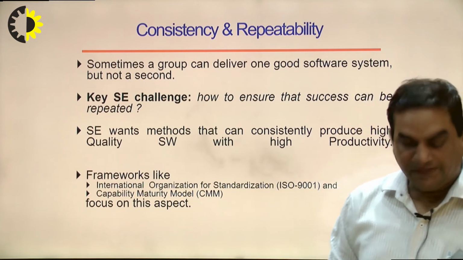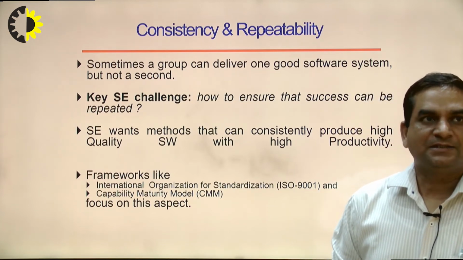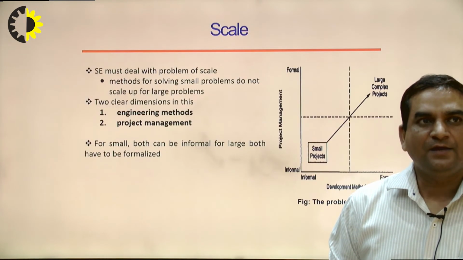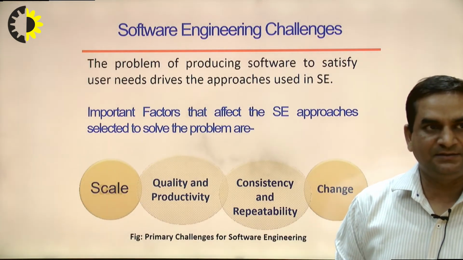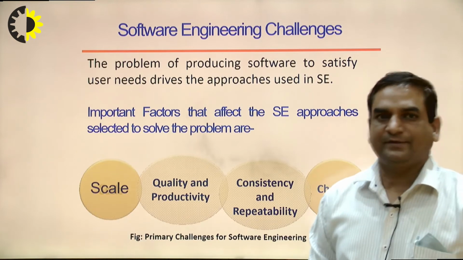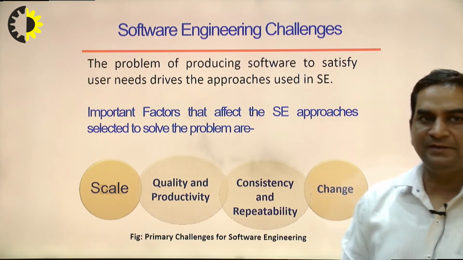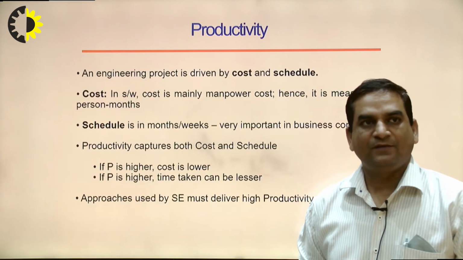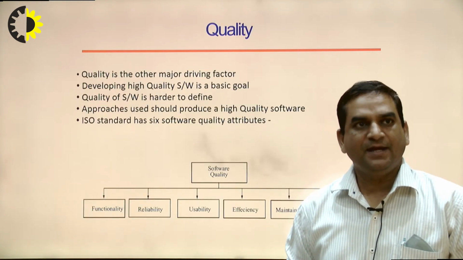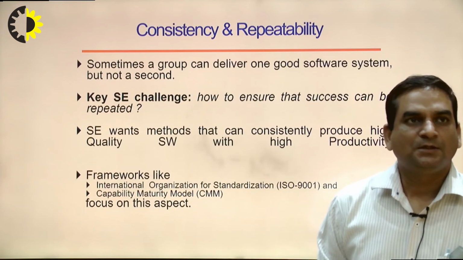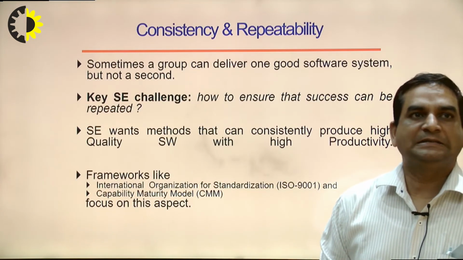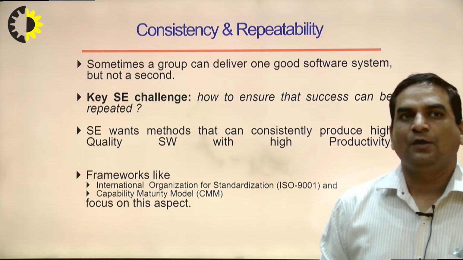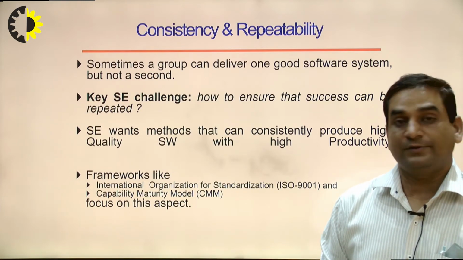Now another challenge is consistency and repeatability. We are discussing the challenges: scale, quality and productivity, consistency and repeatability, and changes. We have discussed scale, productivity, and quality. So now, what are consistency and repeatability? Sometimes a group can deliver one good software system but not a second one.